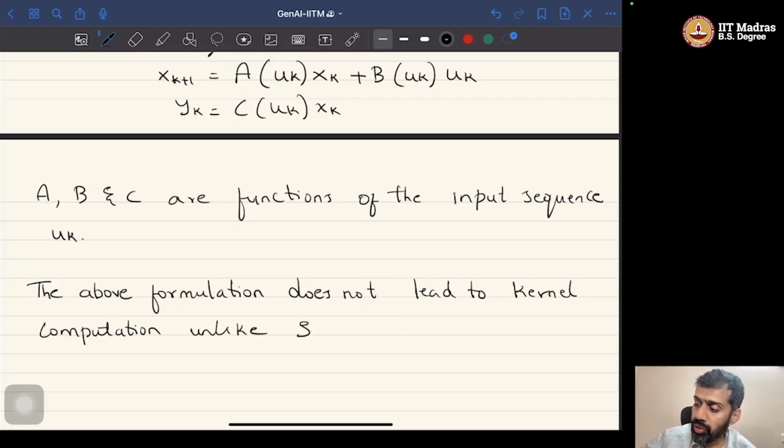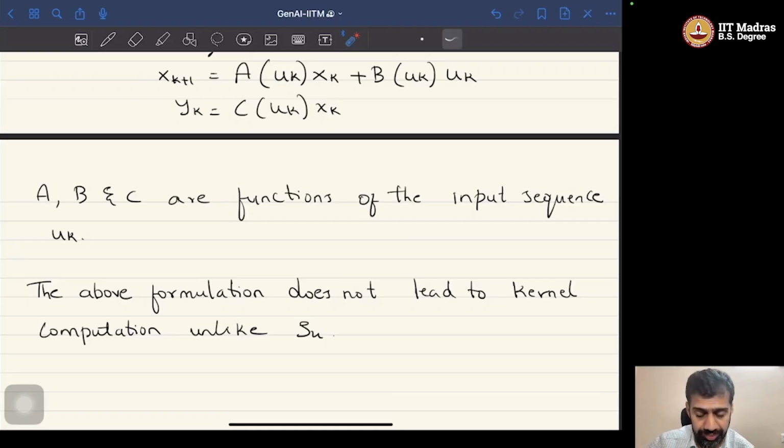So in S4 we had a fixed kernel, and that kernel could be computed because the parameters A, B, C were fixed and unrolling is possible, and when we unrolled we got a kernel that is a function of A, B and C. But here that cannot happen because A, B and C are functions of uk, therefore one cannot unroll them and cannot recurse, because at every time the A matrix is different, C matrix is different and B matrix is different.